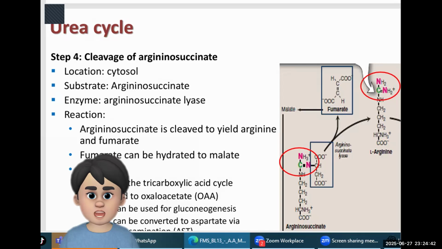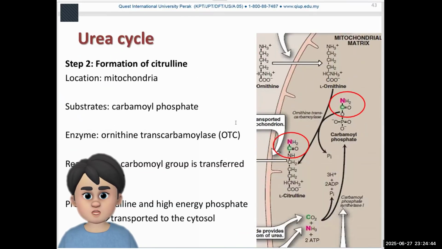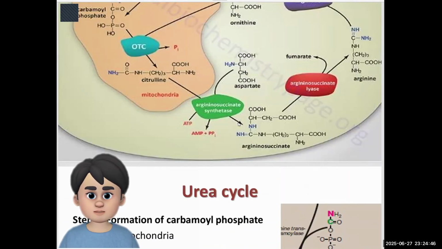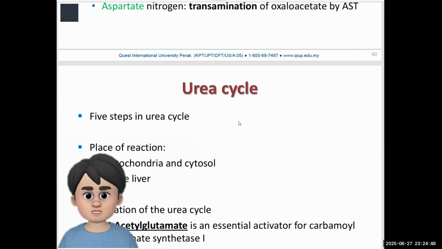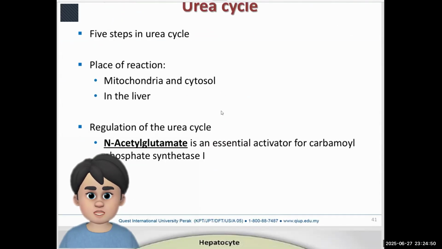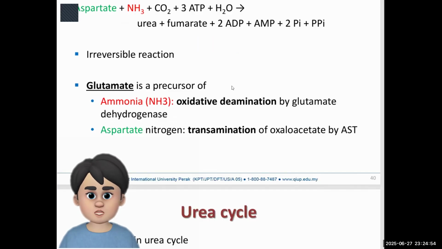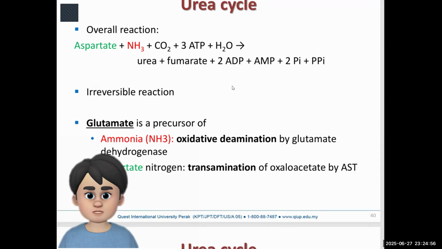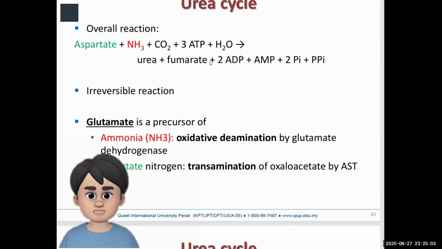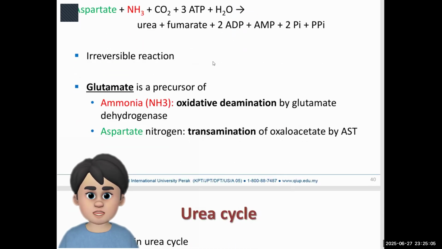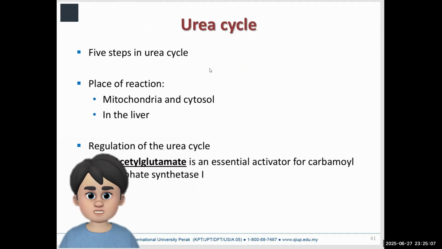For example, in the urea cycle there are 5 steps, because different authors describe it in different ways. They have given an overall equation, and I told you that you have to balance certain parts of the equation. So better you refer to the textbook and rewrite the urea cycle equation. Five steps, in mitochondria and cytosol in the liver.